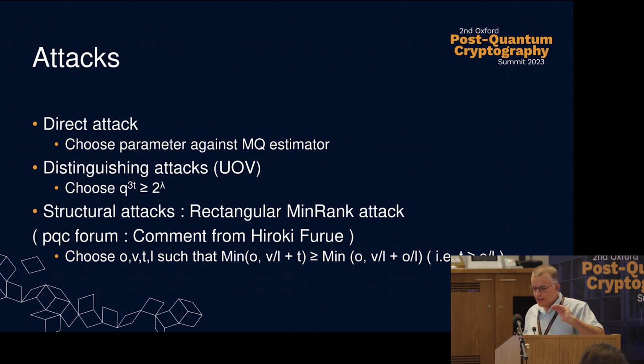Then I enter a category related to the composition of VOX. These attacks I mentioned in this second place are the attacks that you would mount against VOX using a distinguisher of UOV public polynomials.